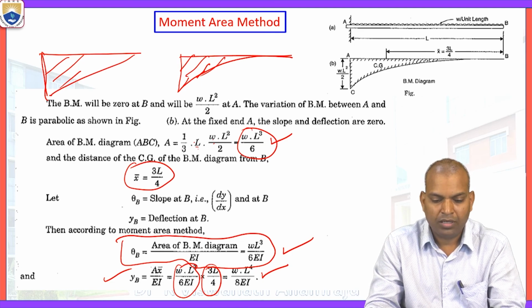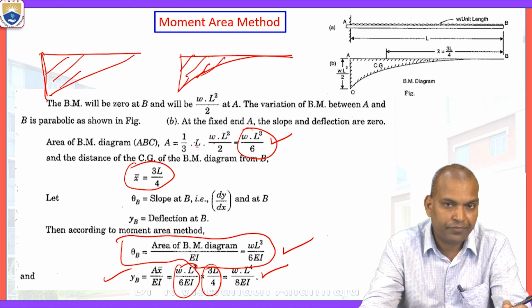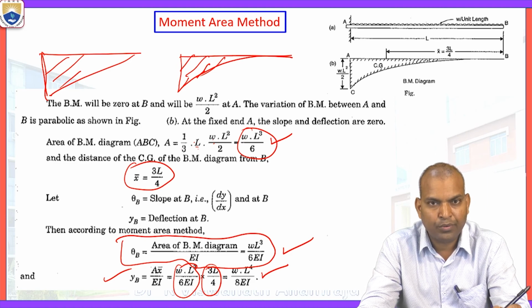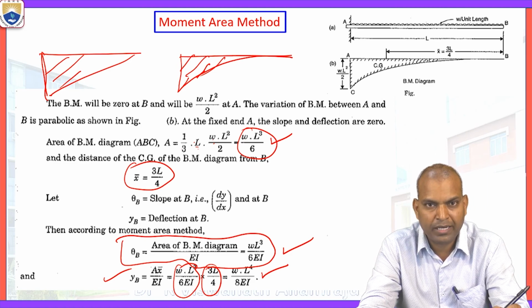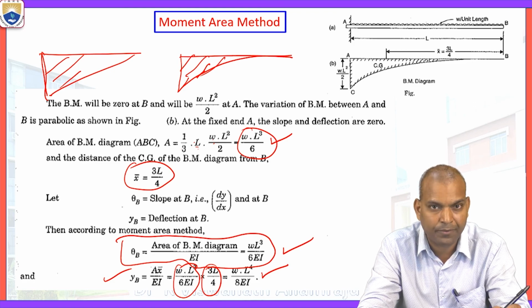Now, one more thing: what knowledge is required for solving the slope and deflections of various types of beams? Number one, the knowledge of shear force and bending moment diagrams for calculating the support reactions. Another is the theory of pure bending, that means the variation of bending stresses across the section of the beam.